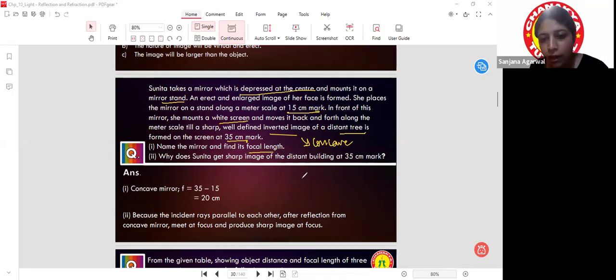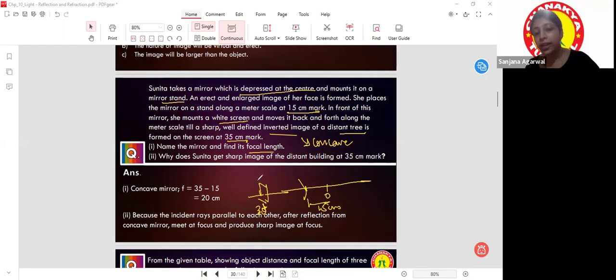Very simple. Suppose this is our scale: she has placed the mirror at 15 centimeter already, and the screen was placed at 35 centimeter, where the exact image of the tree was obtained. Because we know that if the object is at infinite distance, all the rays of light focus at a single point, this is going to be the focus.